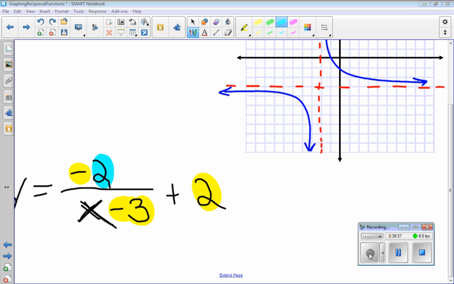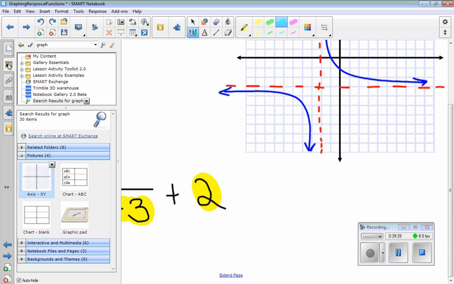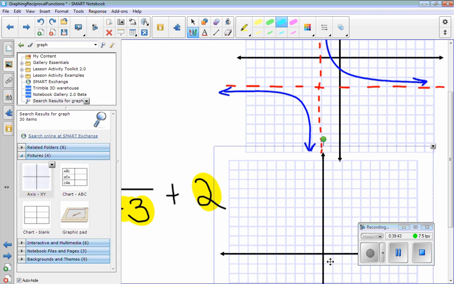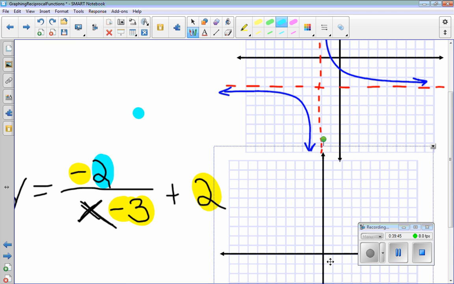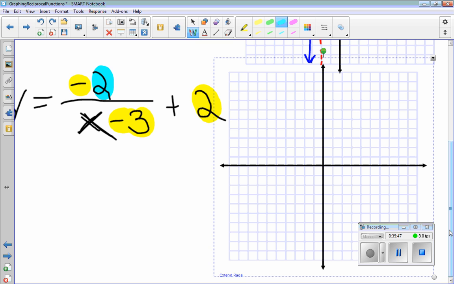It looks like as I walked around, quite a few of you had this correct, which is great. We should know from the equation that we're going right 3 and up 2. So that's where my asymptotes are going to be. Right 3 and up 2.